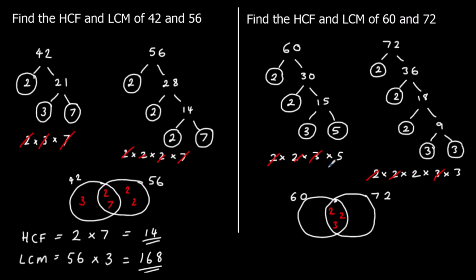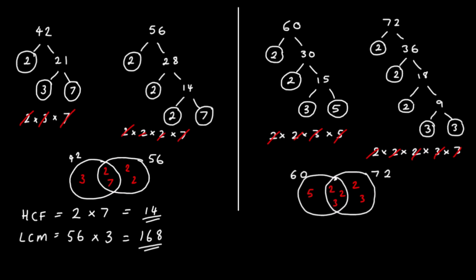So my 60 circle has got 2 2s, a 3, and it needs a 5. And my 72 circle has got 2 2s, a 3, and it needs another 2 and another 3. So there's my Venn diagram done.